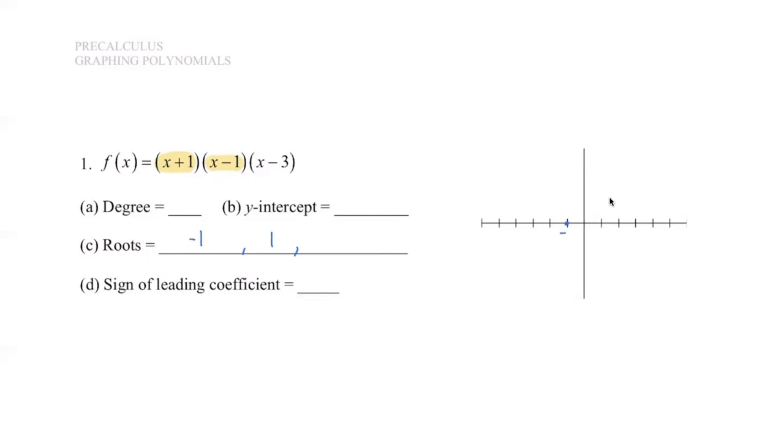And since we know that these are the roots, then we will know the x-intercepts, okay, at -1 comma 0 and 1 comma 0. And then for x minus 3, this particular factor, this would be a root of 3. Root of 3. That means your x-intercept would be at 3 comma 0.